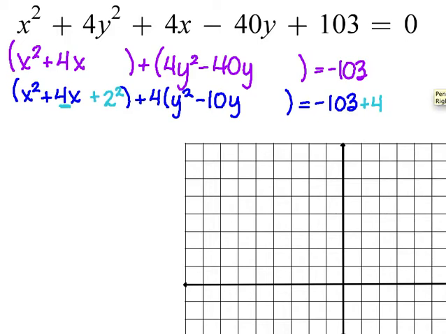Then I'm going to take half of negative 10, which is negative 5, and square it. Now when I add it over here to the right, I've also got to multiply it by the 4. So what is negative 5 squared? 25, and then take it times 4. So I'm going to add 100 over here.